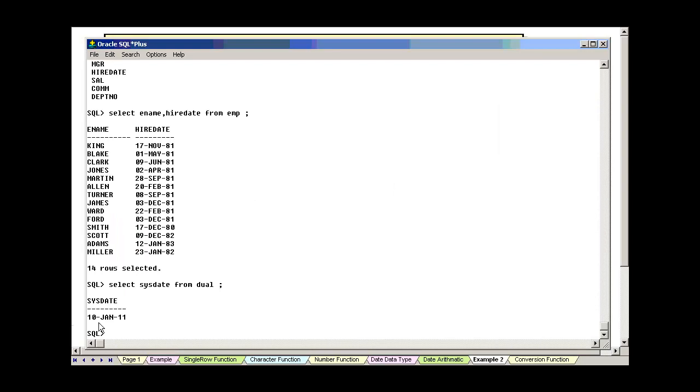Say for example, today's date is 10th January 2011, and this employee King joined on 17th November 81. My question is how many weeks King has been working. So I'll use date arithmetic here to get this value. In order to do that, first I need to find out today's date. So I do select.